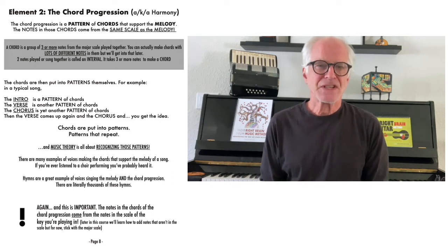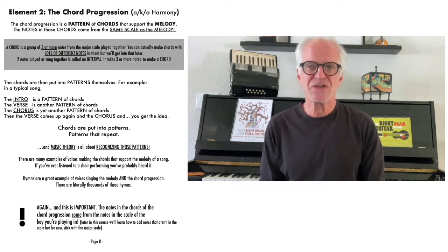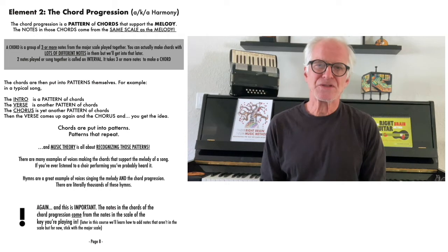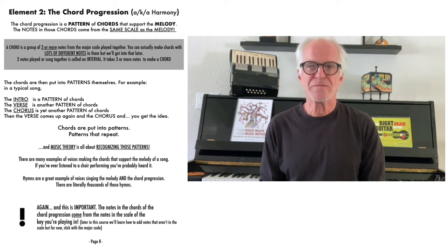There are many examples of voices making the chords that support the melody of a song. If you've ever listened to a choir performing, you've probably heard it. Hymns are a great example of voices singing the melody and the chord progression, and there are literally thousands of them.